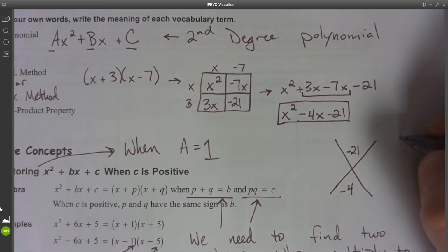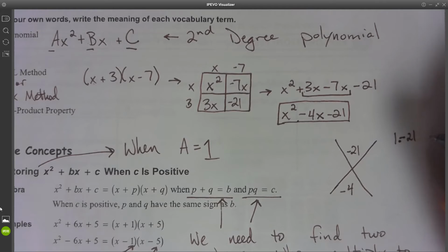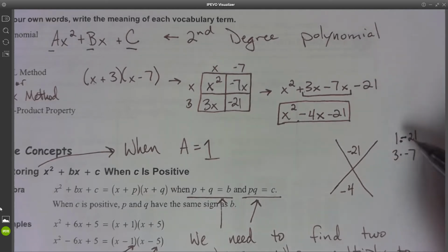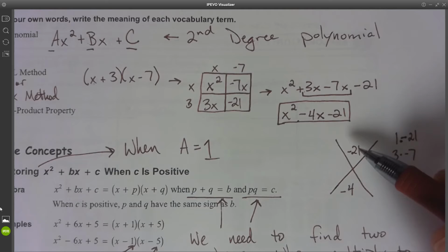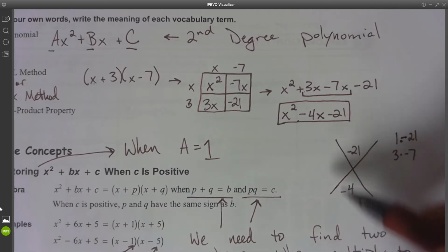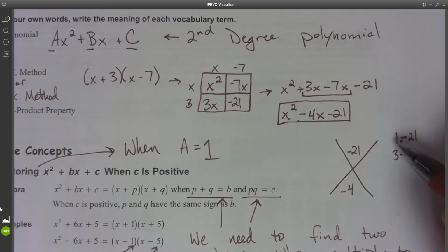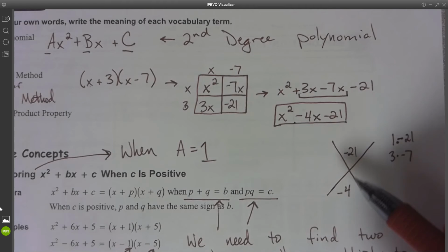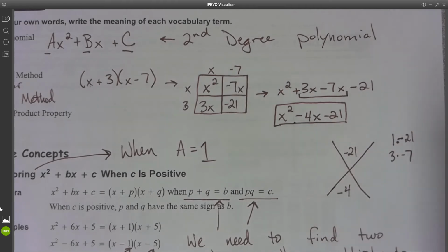So I could have 1 times -21, or 21 times -1, or 3 times -7, or 7 times -3. So here's my pairs of numbers, and I want to decide which ones could add to -4. So there's no way that 1 and -21 or 21 and -1 could ever add to -4. They're 20 units apart.